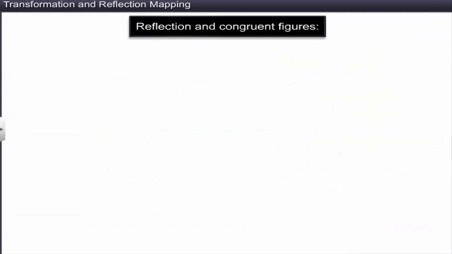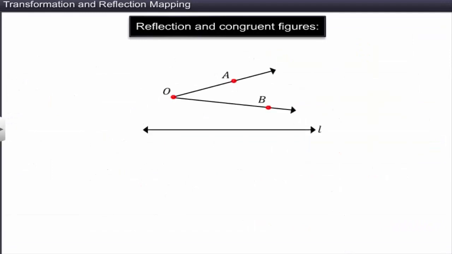Now, let us see if line reflection preserves the congruency of angles. Consider angle AOB of theta degrees. Let us find its reflection in line L. The reflections of points A, O, and B are A', O', and B' respectively.